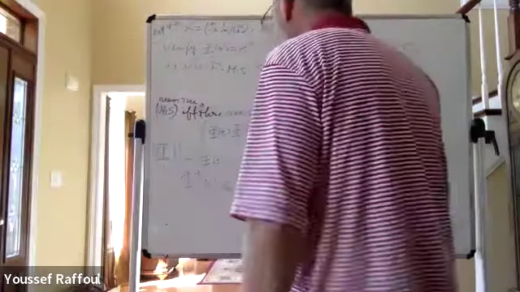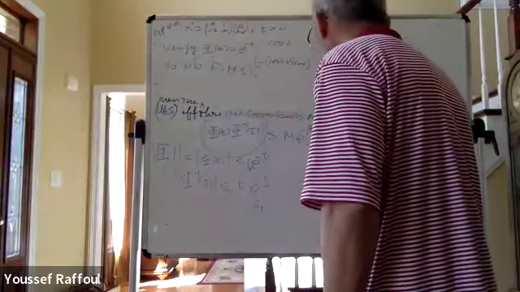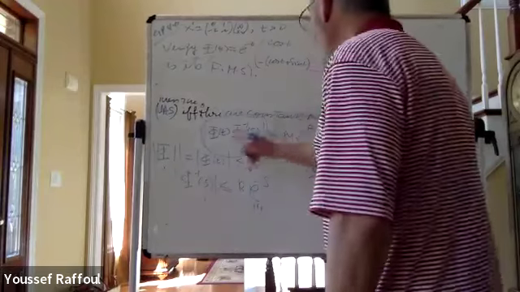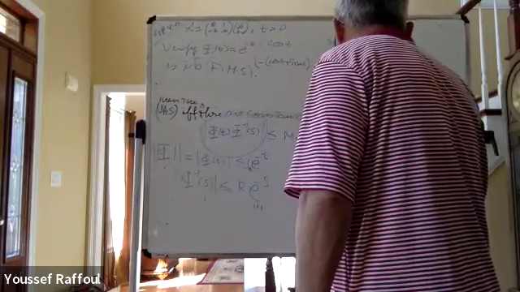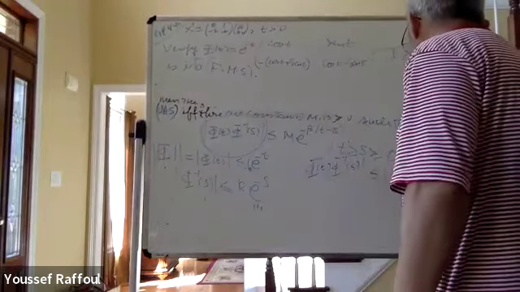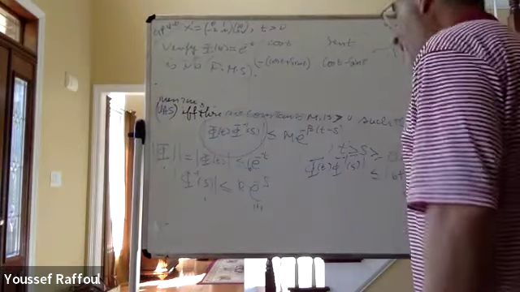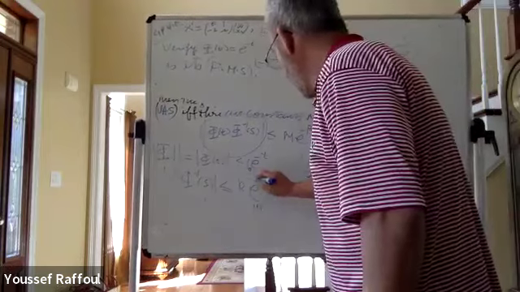So now, if you look at this phi t times phi inverse of s, it is going to be less than or equal to 6 plus k. Sorry, this is a plus s.